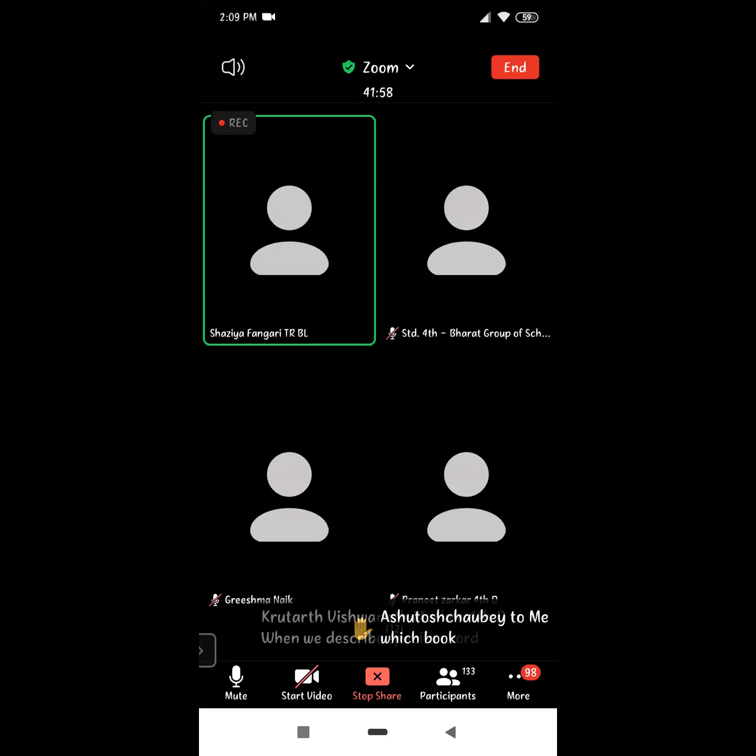Before which sound are we using an? Which sound? Consonant. Very good. We are using an before a vowel sound.